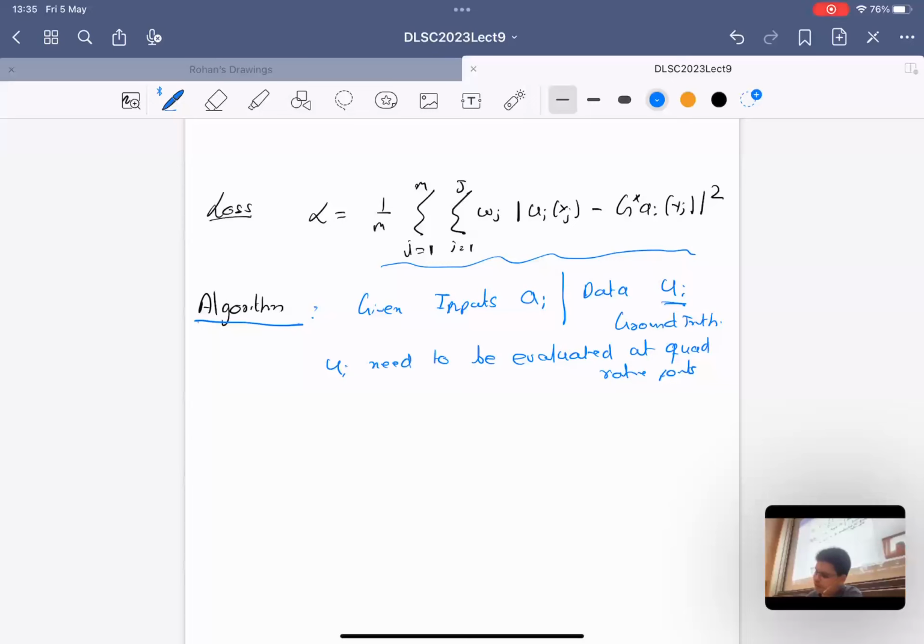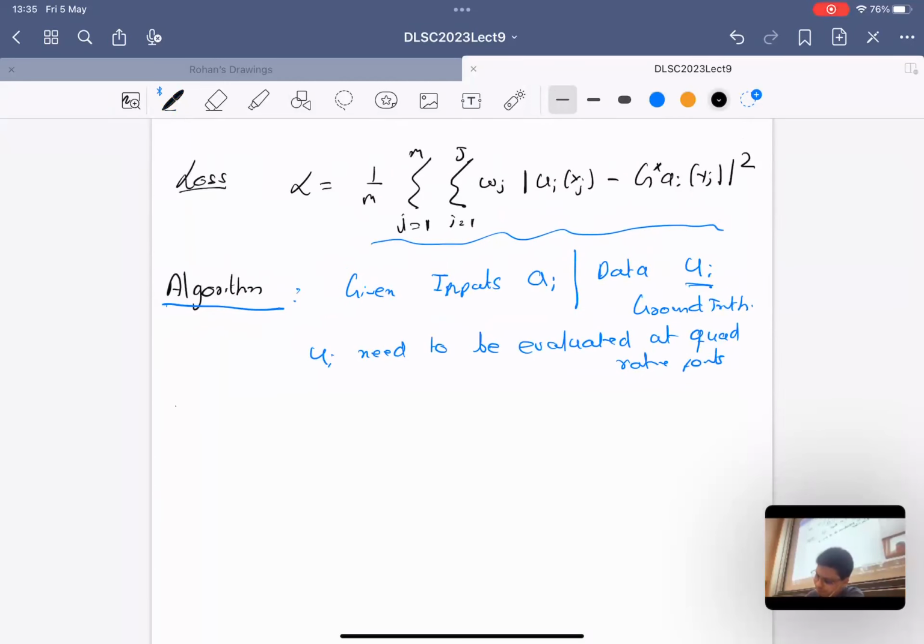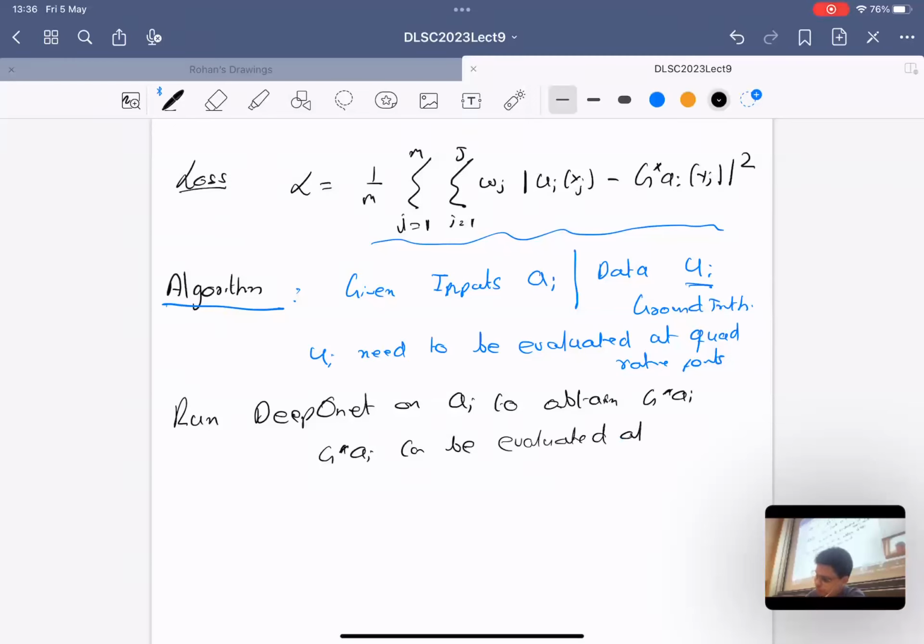Okay, so this is important. These are my inputs, right? Then I have to run whatever operator architecture, DeepONet. Let's use DeepONet as my proxy. Run DeepONet on A_i to obtain G star of A_i. And remember, it's essential that G star of A_i can be evaluated at the quadrature points, at x_j or y_j, sorry.